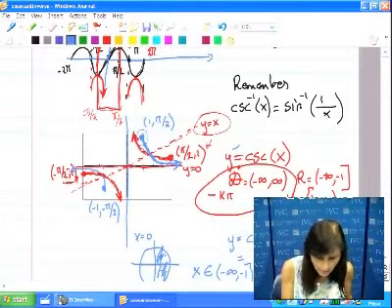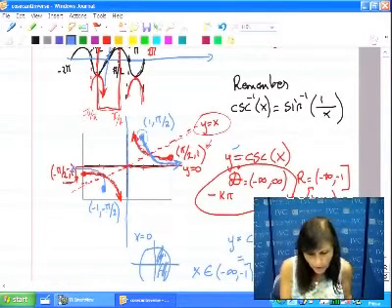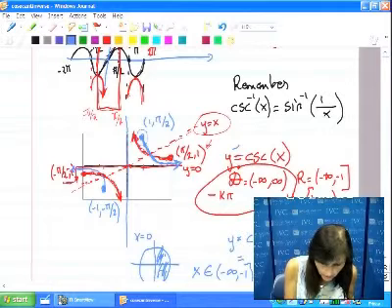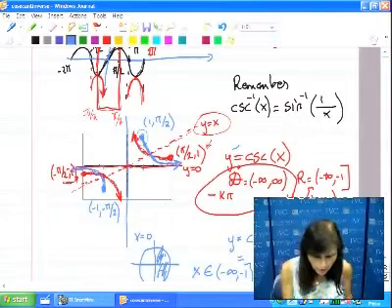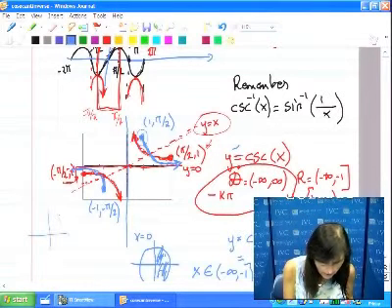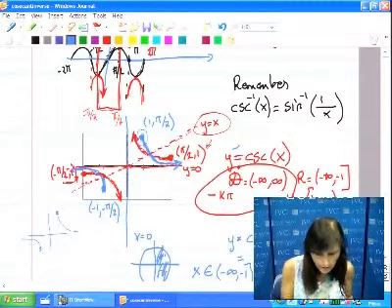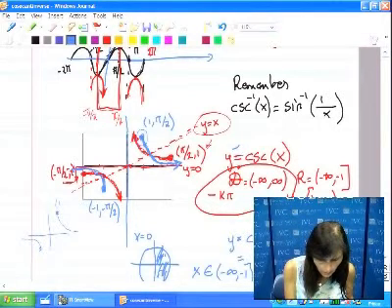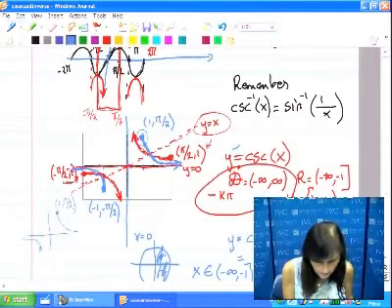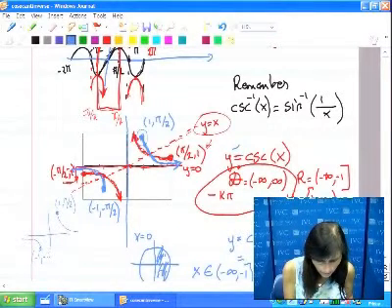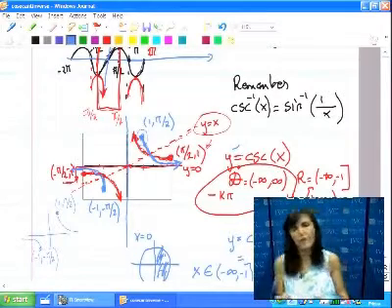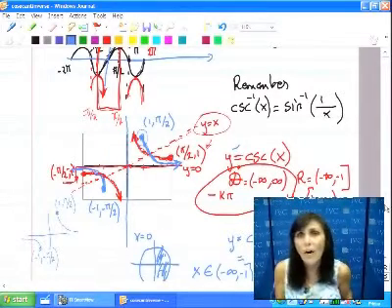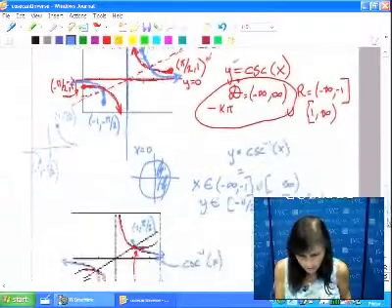With the same token, negative pi over 2, negative 1 is going to get reflected as negative 1, negative pi over 2, and the vertical asymptote will become a horizontal asymptote. So you end up with something like this, a little piece like that, and a little piece like that. And this has to be 1, pi over 2, and this has to be negative 1, negative pi over 2. That is the graph of cosecant inverse.